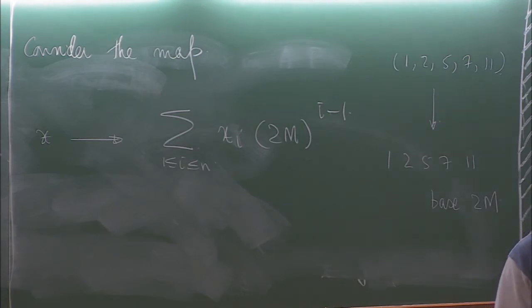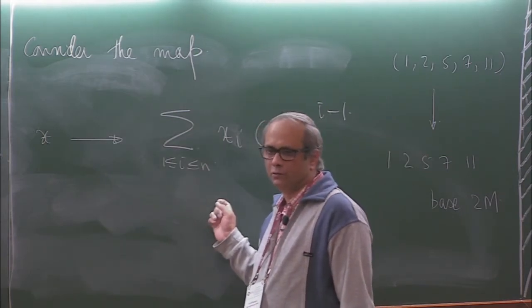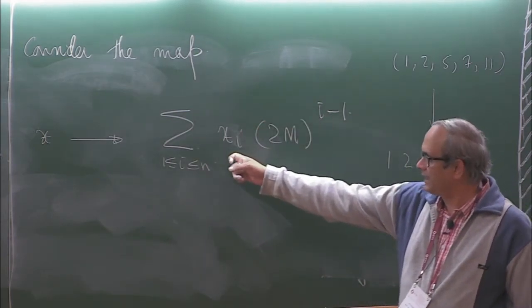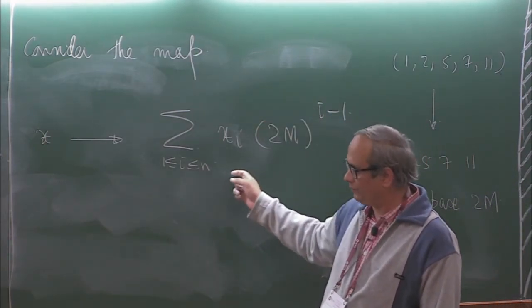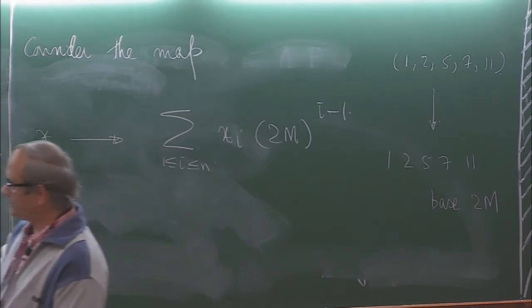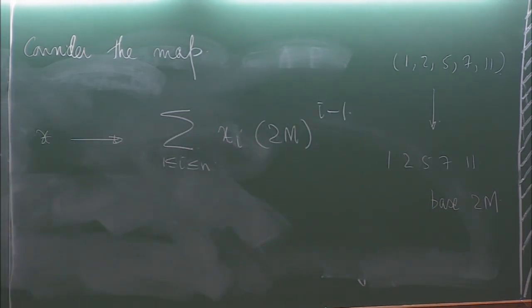This map is used in a number of places when you want to keep things injective. So this is a very nice injective map, because as long as the xi's don't exceed 2m, which is the case, even the difference between them maximum goes up to m to minus m.